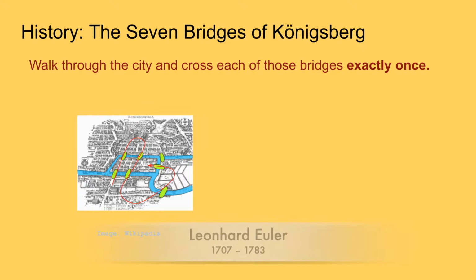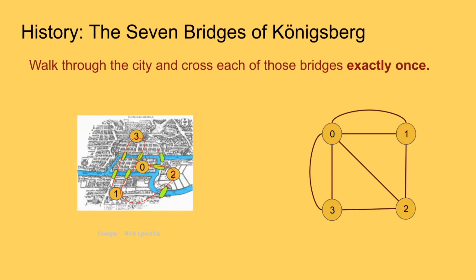The question was, can we cross all of these bridges exactly once without ever going back or crossing any bridge more than once? Euler was a mathematician that tried to solve this problem, and in order to do that, he abstracted this problem to something that today we know as a graph. So each landmass was mapped to a node or a vertex, and each bridge was mapped to an edge. For example, now between 0 and 1, there are 2 bridges which are represented like this.